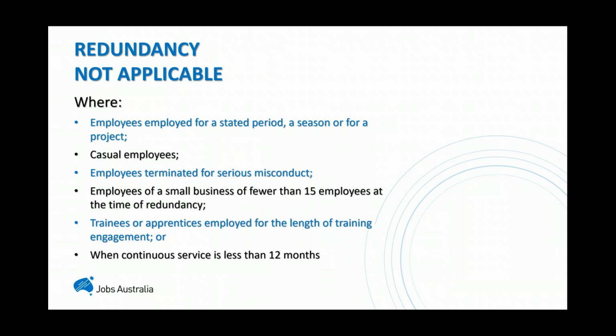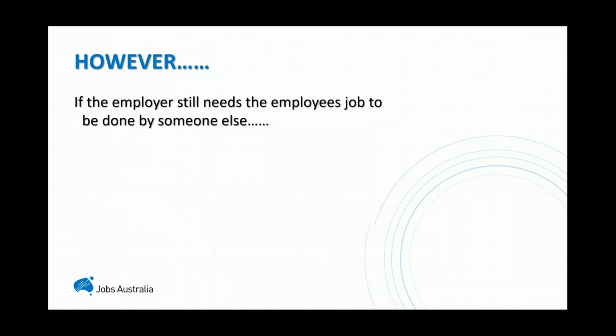Employees of a small business of fewer than 15 employees at the time of redundancy. Trainees or apprentices employed for the length of training, or when continuous service is less than 12 months. So effectively, anyone under 12 months is not able to become part of the process of redundancy.